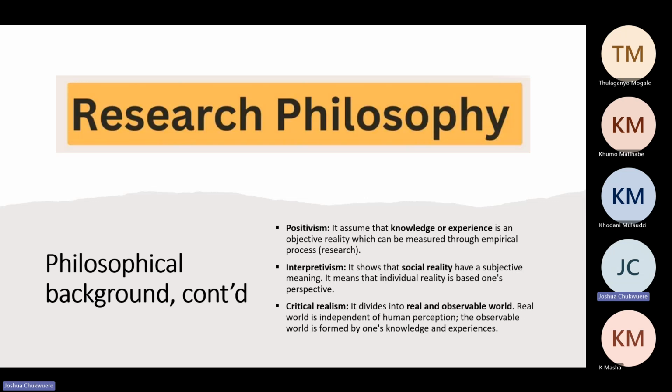If I look at the impact of people's social environment on how they perceive this particular system, you go through and say, okay, which of these philosophies fits into the outcome I am trying to achieve. So that is how you can make the right choice of philosophy to use.